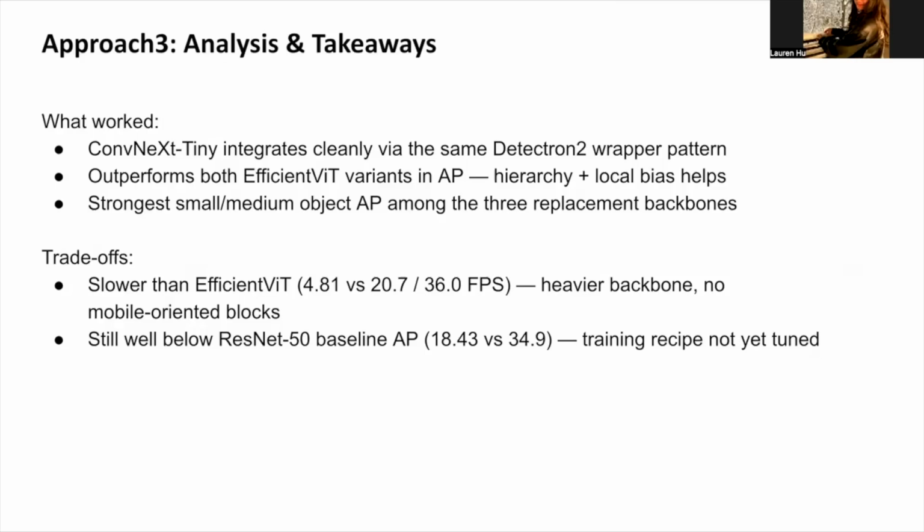The main trade-off is that it's slower than efficient ViT. It sits at about 4.8 FPS, and there's still a gap to close against the ResNet 50 baseline, which could be due to my training recipe.